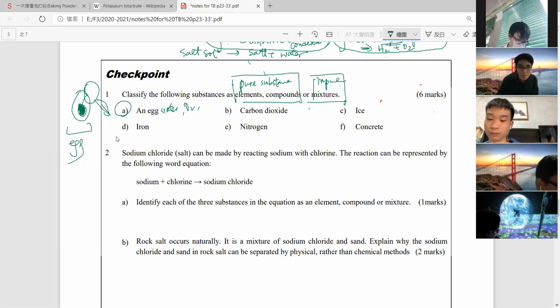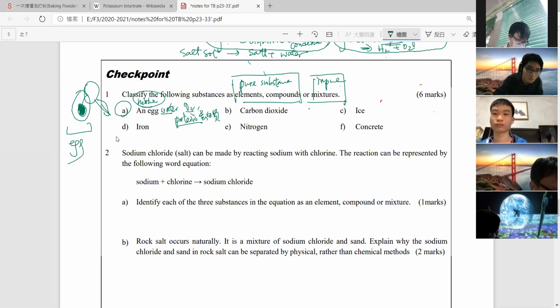Carbon is in the form of what? Have you ever heard of the term protein? Yes, protein is just one of the compounds found inside. So what I just mentioned are the substances found inside an egg. They mix together, so the answer is mixture. We call that a mixture.